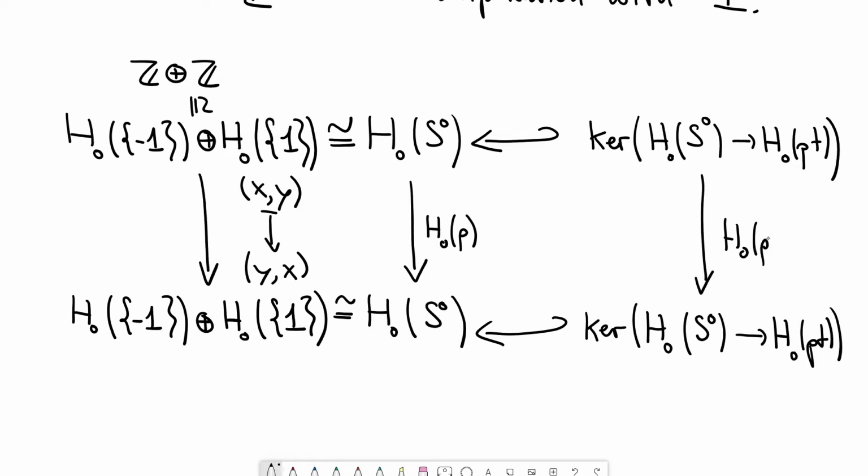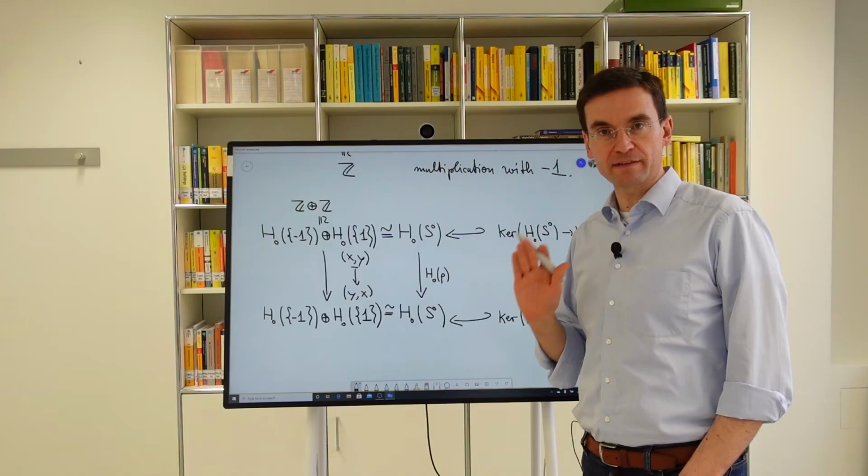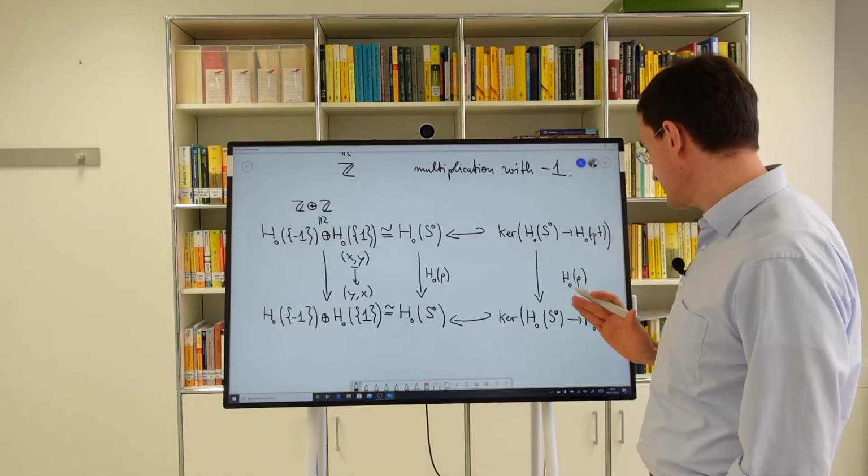Let me also denote it by H0 of rho. And let's discuss now what this map is. So first of all, this kernel as a group is just isomorphic to Z. Why is that?